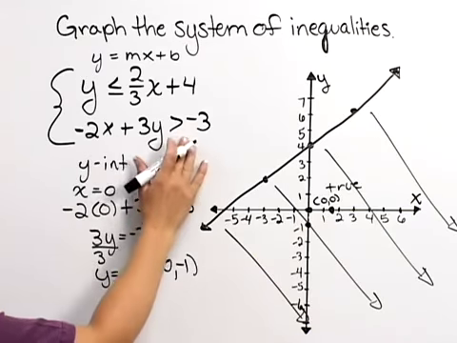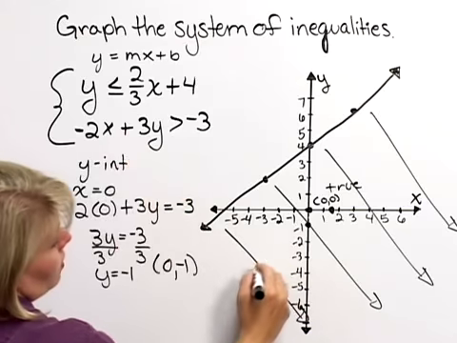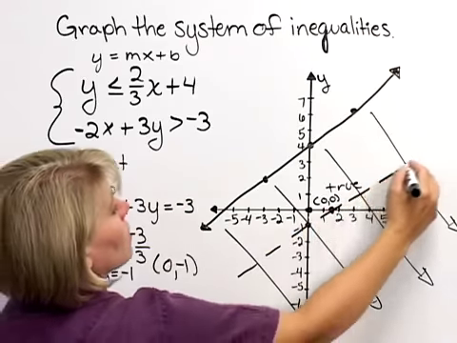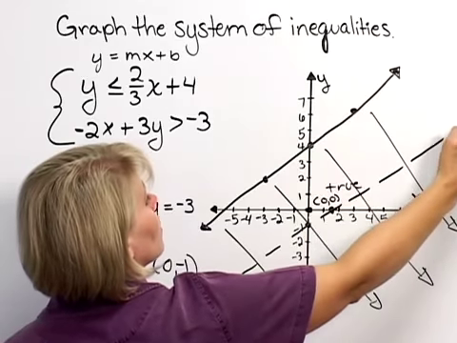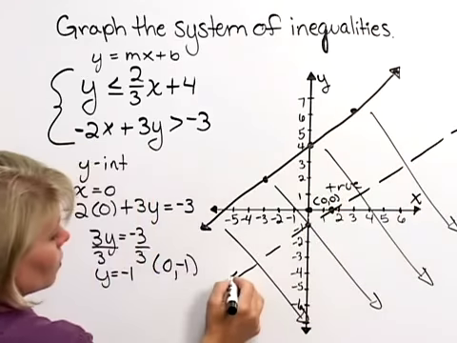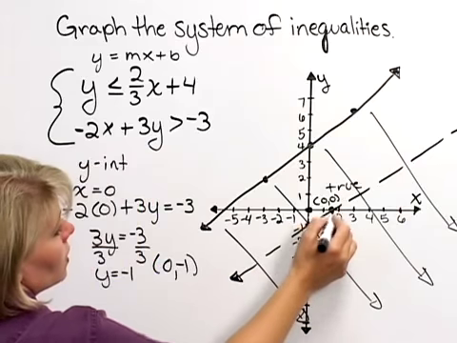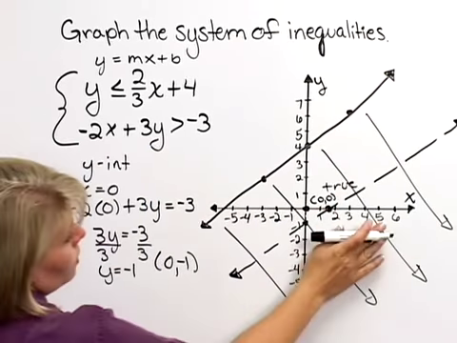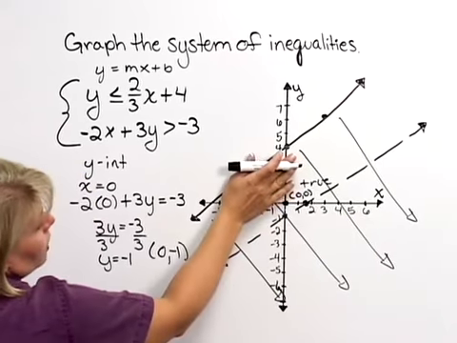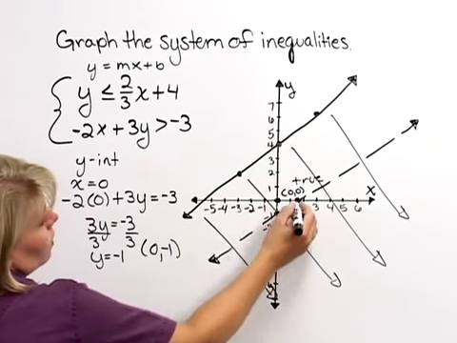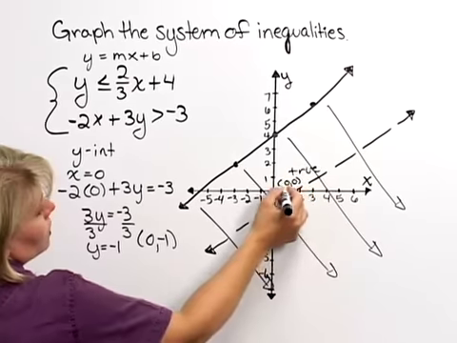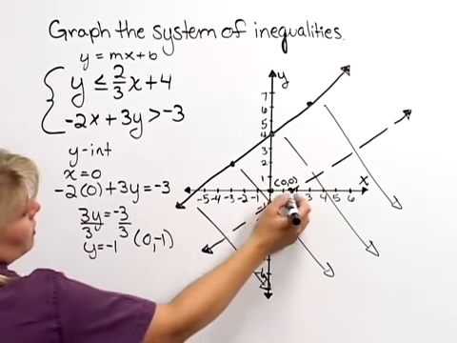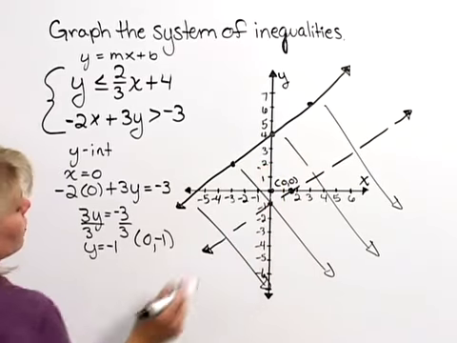Now remember, this line needs a dashed line, so we're going to go ahead and dash that line right across there, going through our two intercepts that we found here and here. Now, we need to know if we should shade over here or shade over here. So let's go ahead and use our 0, 0, which is our origin, in order to test whether we would shade on this side.